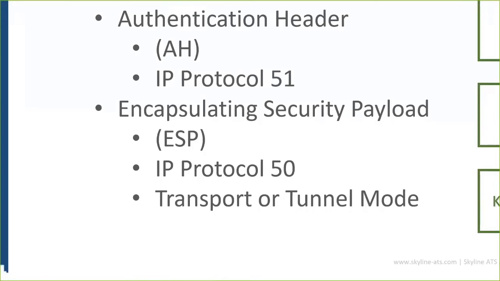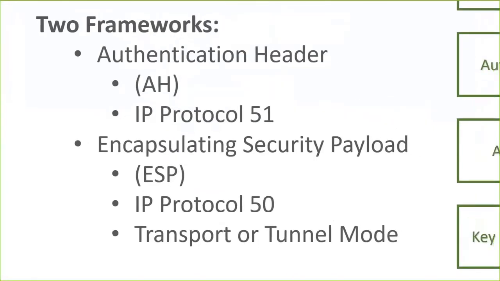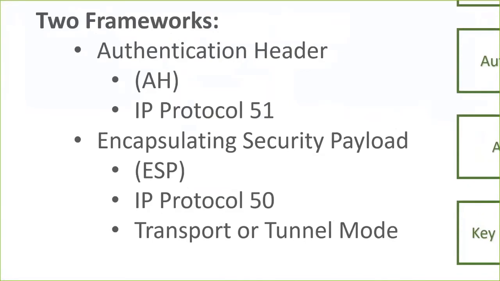Now, the difference between these two frameworks is, what does IPSec do with the data prior to actually transmitting it? In ESP, we use various symmetric encryption algorithms. The difference between transport and tunnel mode is that in transport mode, we actually don't protect the original IP header.